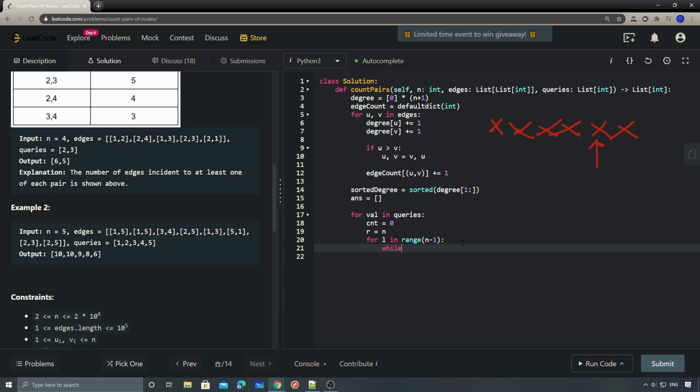So I do this: while right minus left is greater than L, and the sorted degree of L plus sorted degree of R minus 1 is greater than value, then we do R minus 1. Here I only shrink when R is still greater than L. Otherwise, there's no need to shrink, because in that case we go to the second condition here.